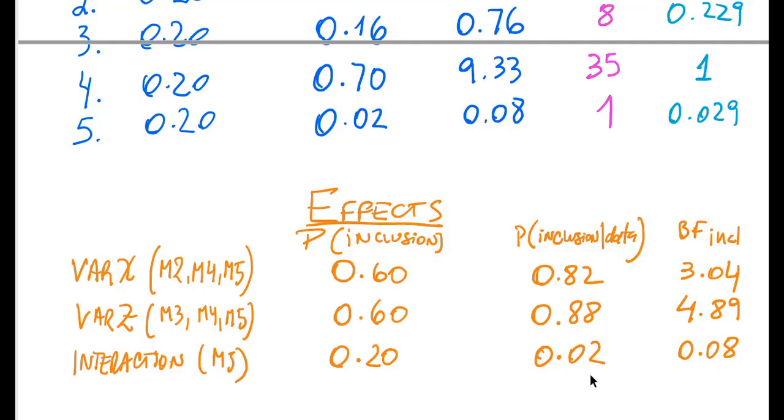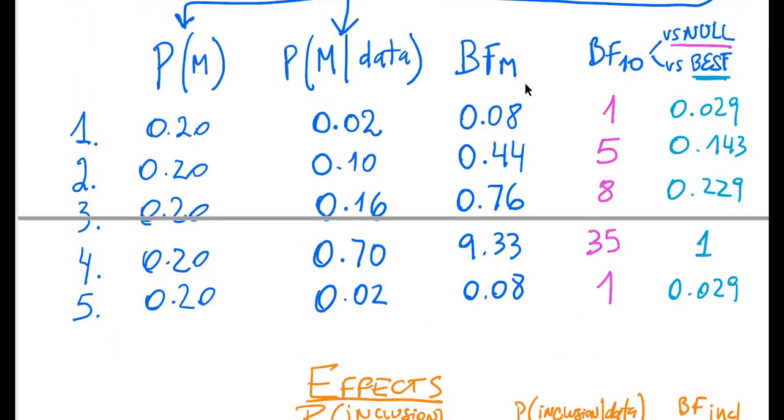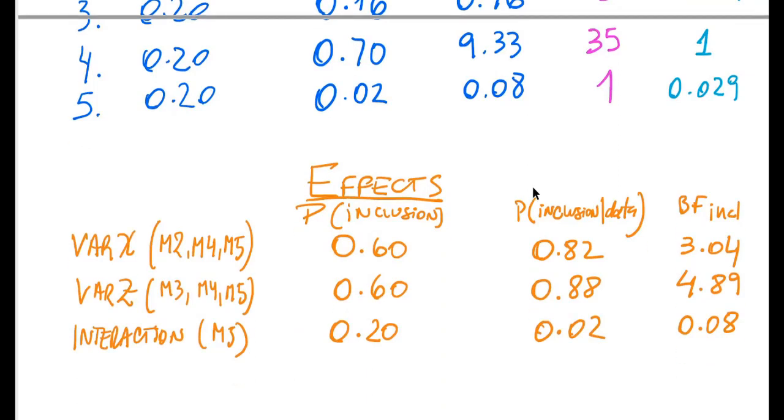Okay, and then the Bayes factor for inclusion is calculated in the same way as the BFM. How is it calculated? Well, we've got 0.6 divided by 0.4: if variable x is included in models 2, 4, and 5, we need to calculate the odds against models 1 and 3, which don't include variable x. So that would be 0.6 divided by 0.4, which is 1.5.